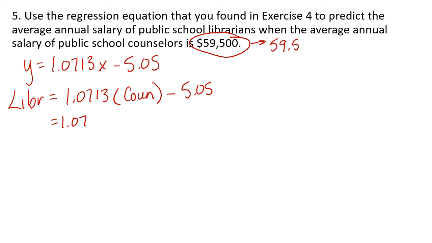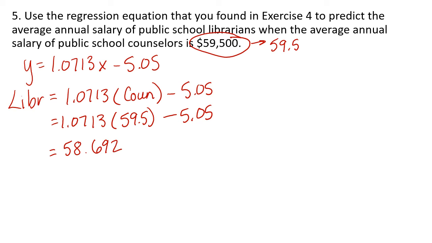So 1.0713 times 59.5, and then we'll subtract 5.05. When you do this in a calculator, you should get 58.692 and then a couple of other numbers.